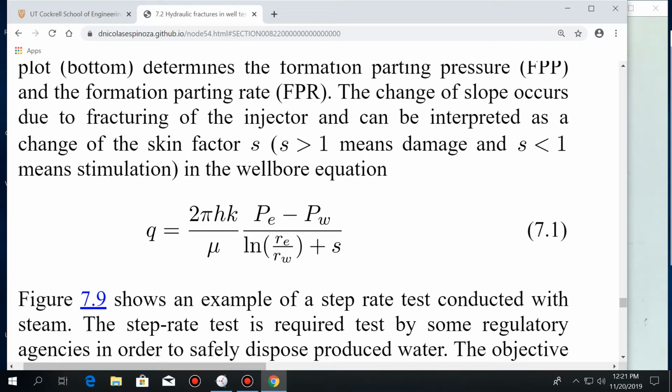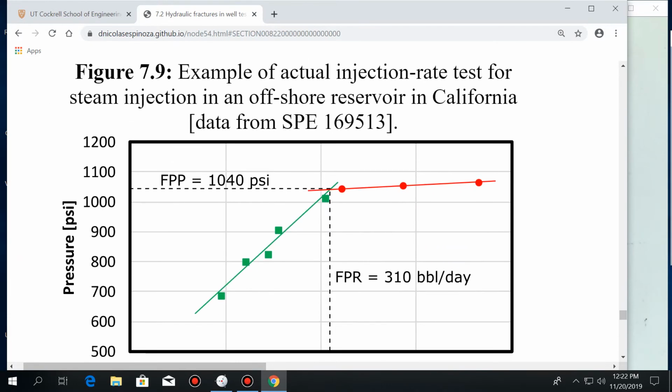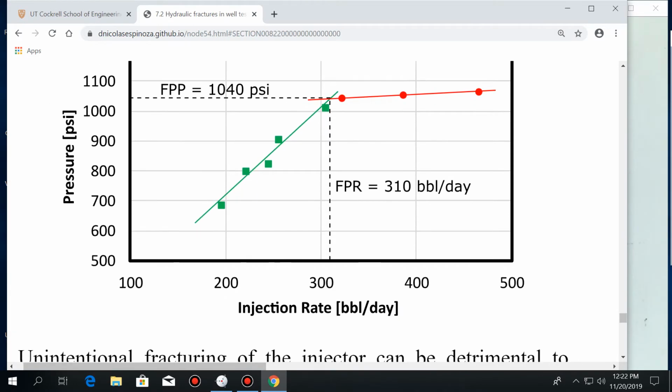In S, which is the skin factor, right? So this is telling us, again, that rate is related to pressure, but when you have a fracture, you're going to have a skin factor, and for the same increase in rate, the increase in pressure is going to be a lot smaller.